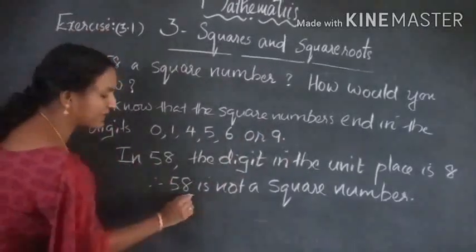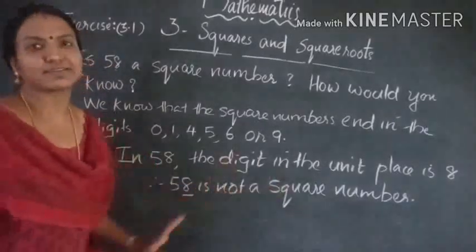Here the digit in the unit place is 8. So 58 is not a square.